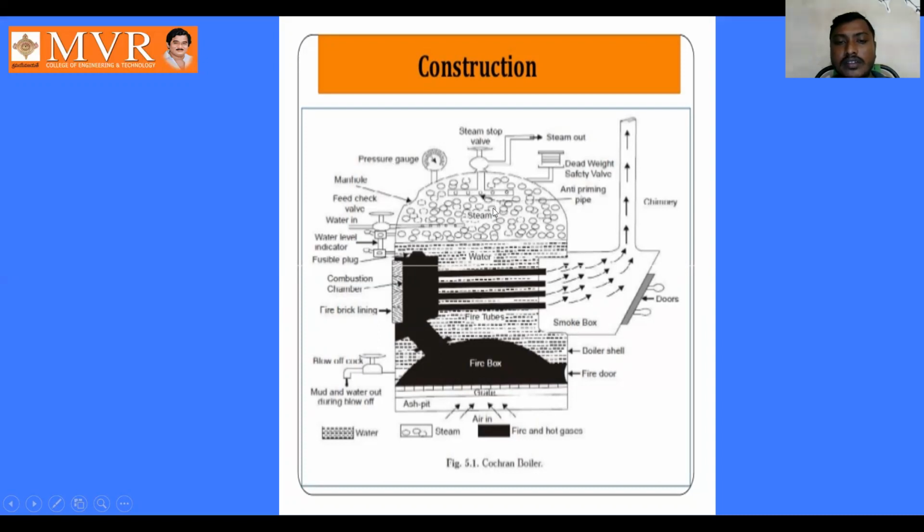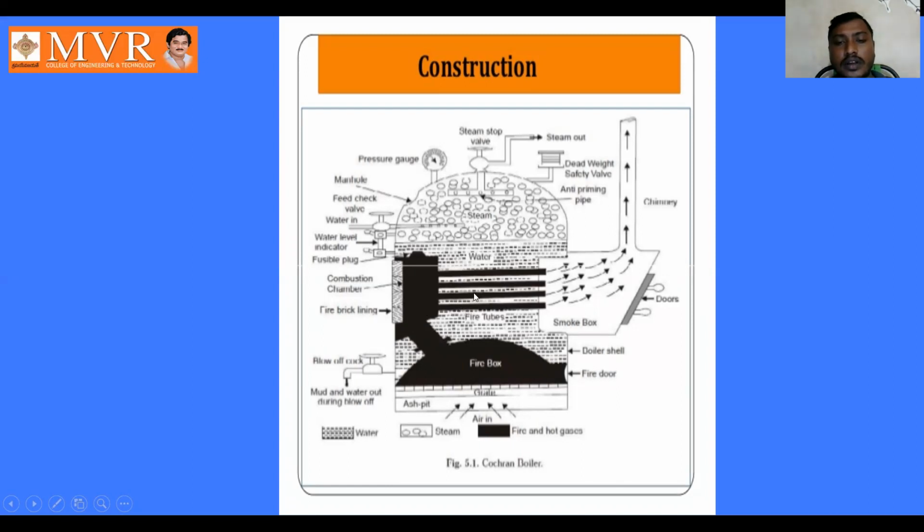We are having this is the steam and this is the water, and these are the tubes. Here this is the fire, and the fire which enters here strikes the fire brick lining and enters into these tubes.